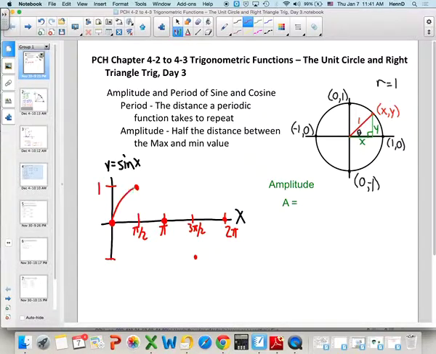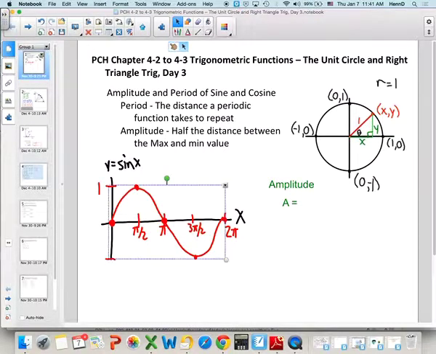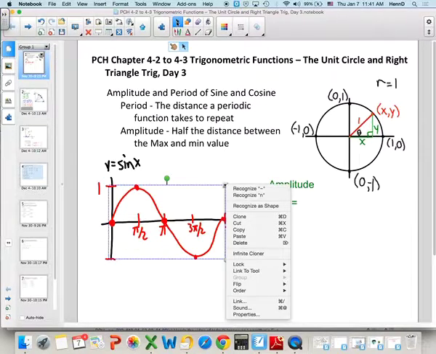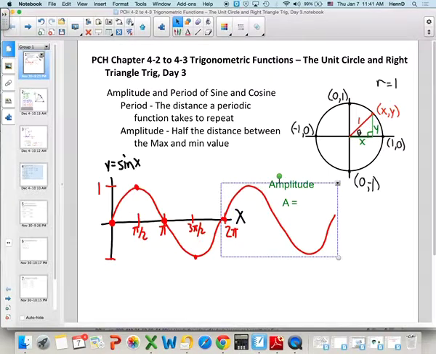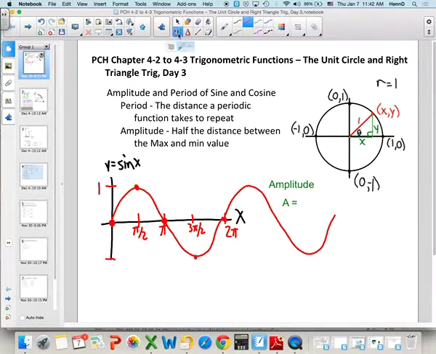So, guess what? This is what our sine curve looks like. That's what our sine curve looks like. And guess what it'll look like if we kept going? It's the same thing. Identically the same, okay? That's why this is called a periodic function, because every 2 pi, or 360 degrees, this same little segment is going to repeat.